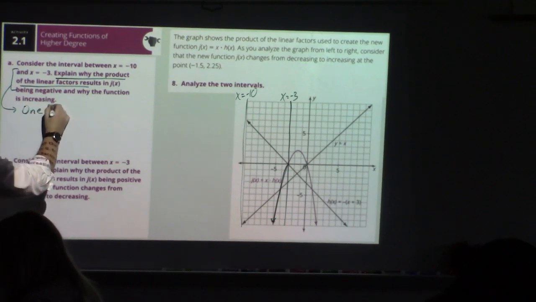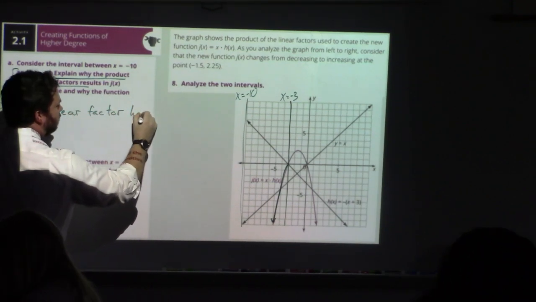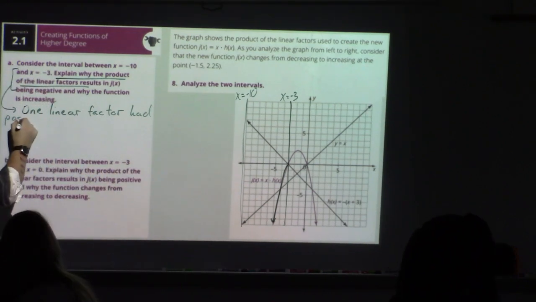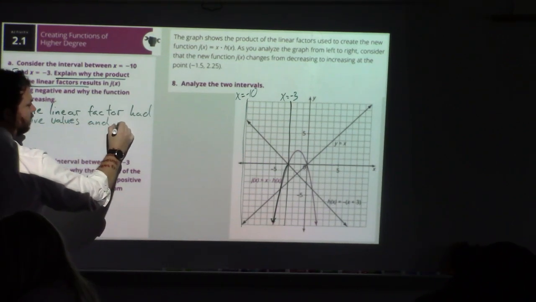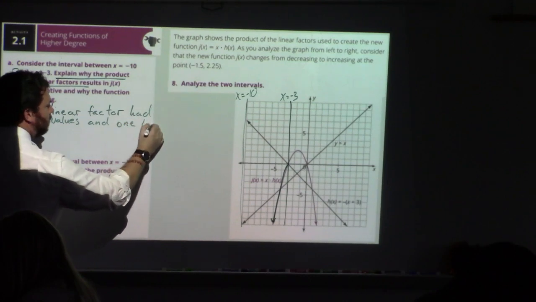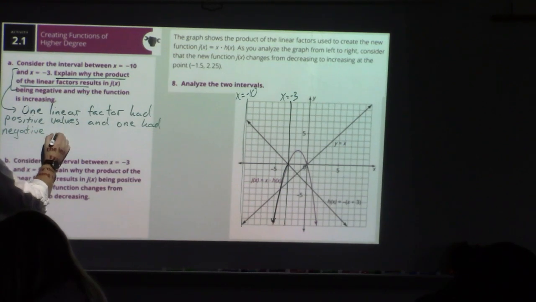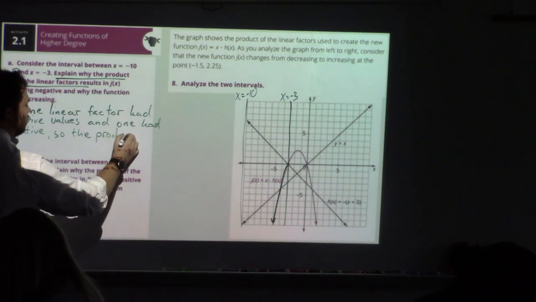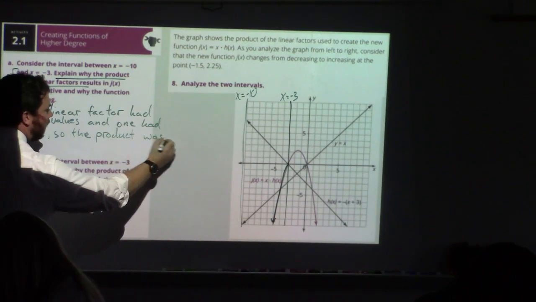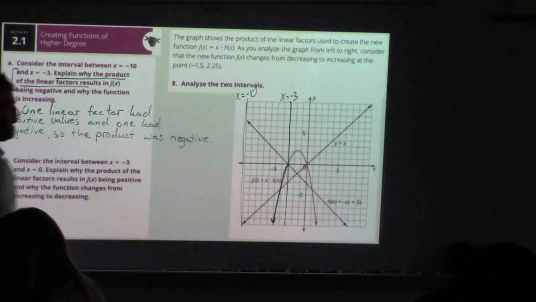So one linear factor had positive values. And you should already have something written here that's close to this, so you don't have to rewrite it, but one linear factor had positive values, and one had negative. So the product was negative, right? A positive times a negative will give you a negative.